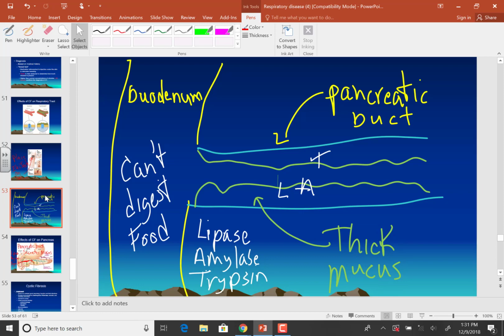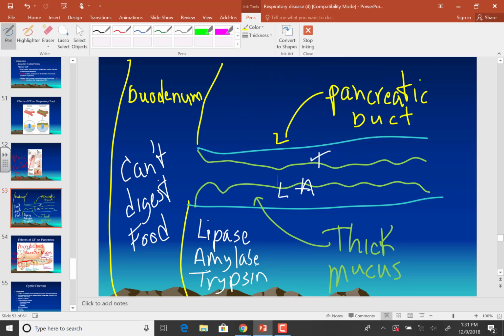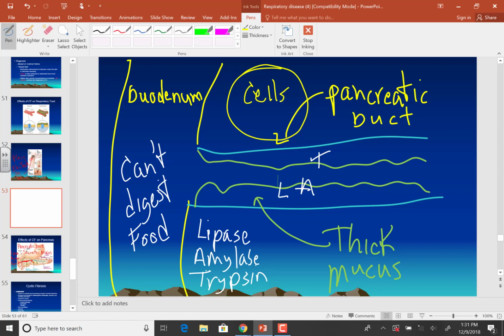And you're not going to believe this. So I'm going to say it real slow. Pancreatic cells are made of carbs, fats, and protein. So what will happen over time is these digestive enzymes, instead of digesting your McDouble, will end up digesting your pancreatic cells.